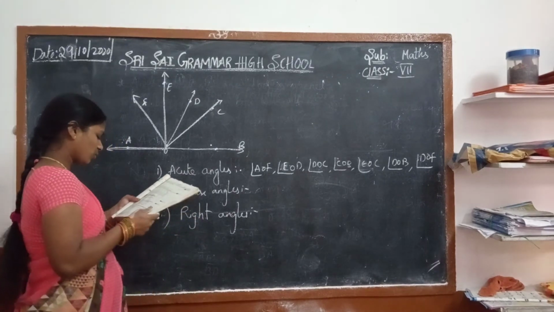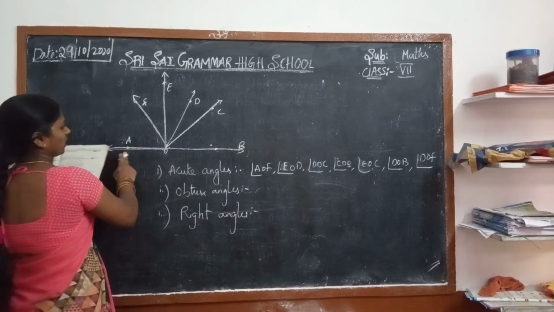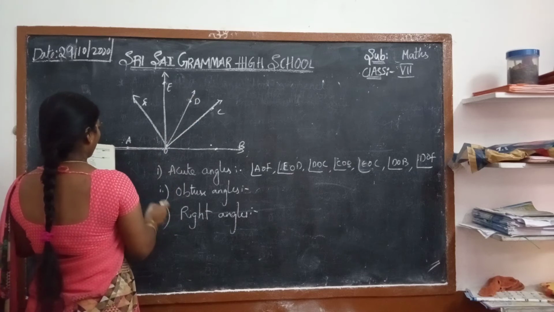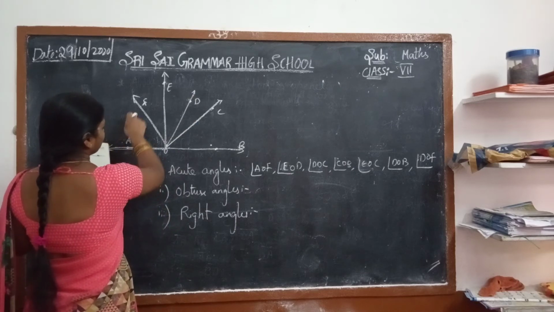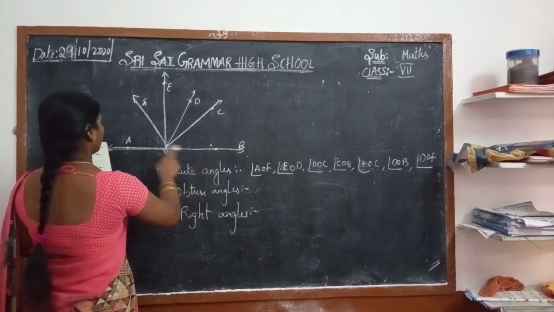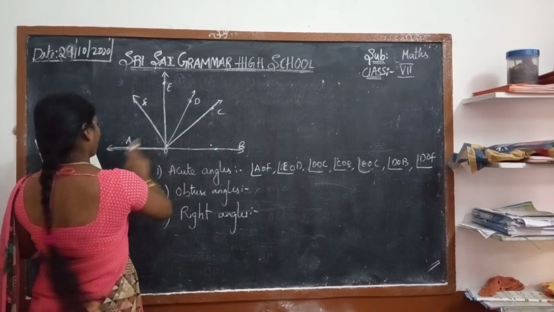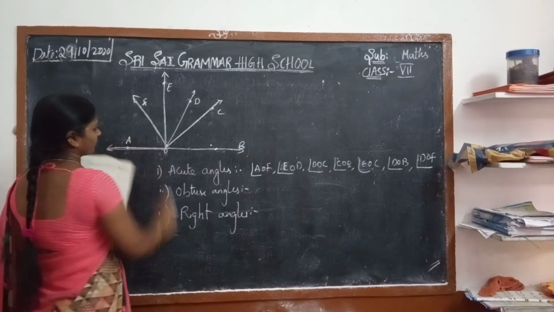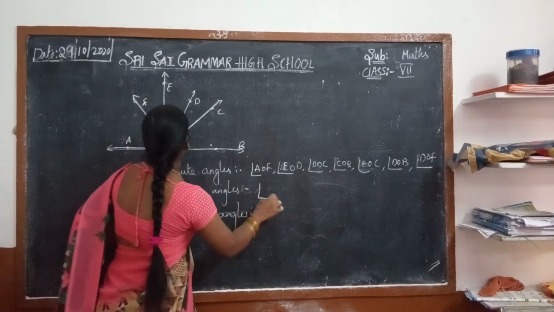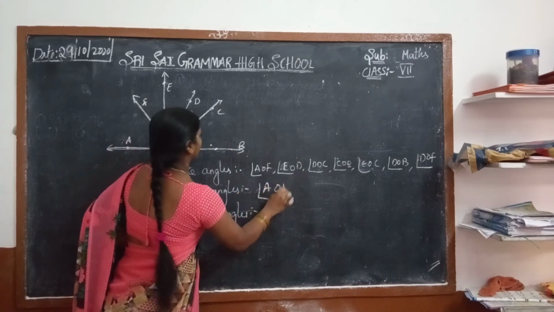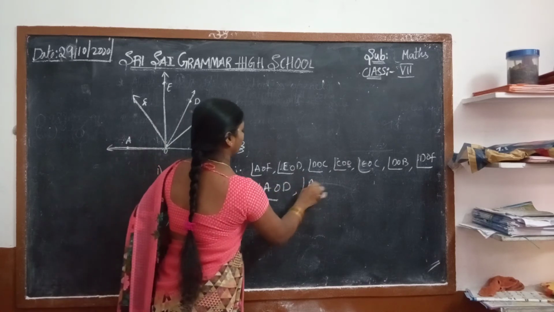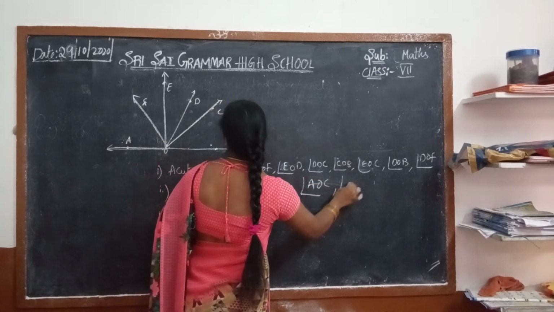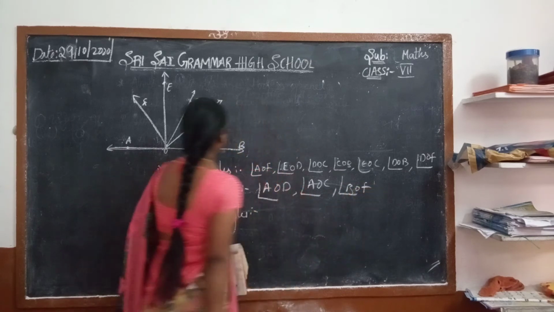Now, what are the acute angles? AOD, EOB, AOC, AOD and BOF. Angle AOB, angle AOC, angle BOF. These are the acute angles.